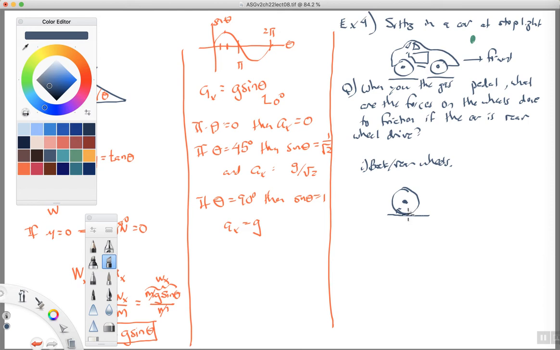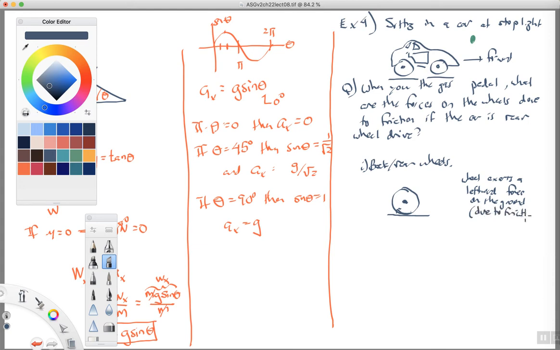And so you might correctly realize that it is going to try to push the ground to the left. So the wheel exerts a leftward force on the ground. That's the frictional force exerted by the wheel on the ground.